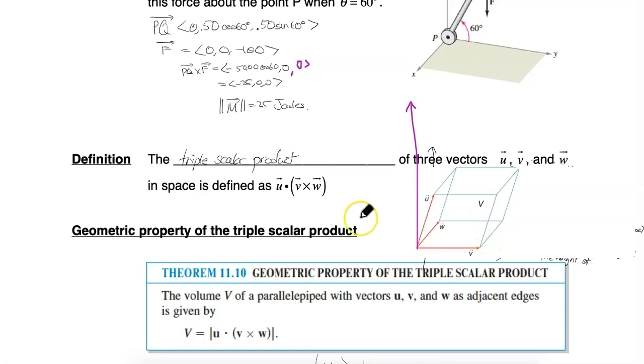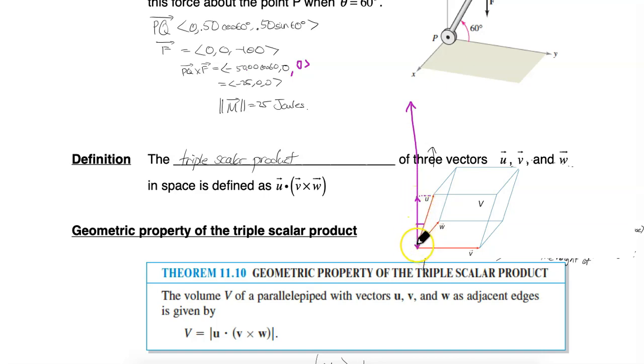We know the magnitude of V cross W is actually the area of the parallelogram, so it's the area of the base. So then when we do U dot this, if you think of the dot product, it's going to be the magnitude of U times cosine of the angle between these two times the magnitude of V cross W. U cosine the angle yields the projection of U onto V cross W. So this length here, from here to there, is the magnitude of U cosine the angle.